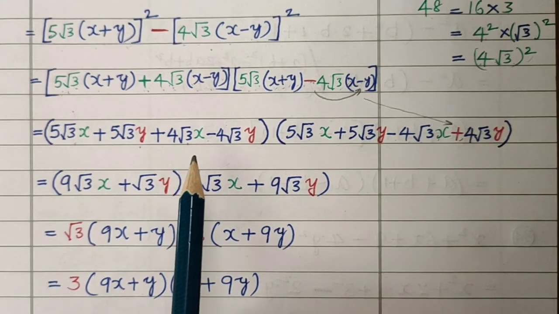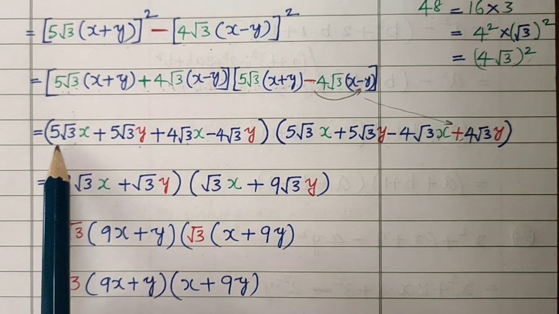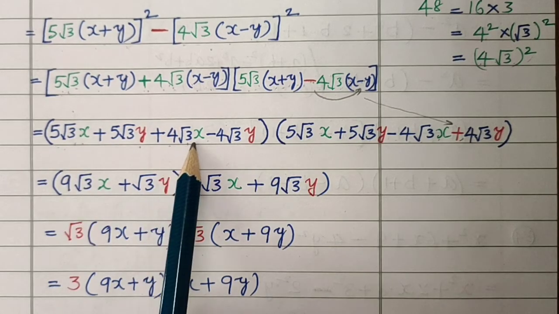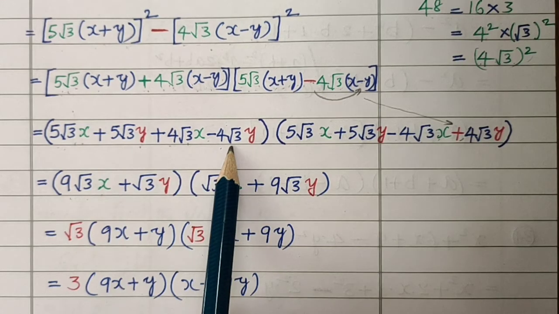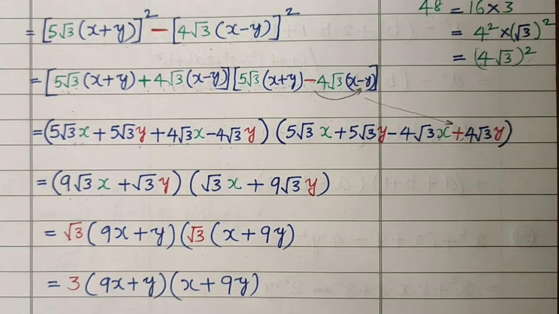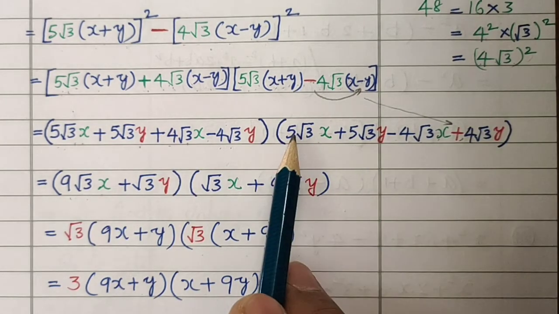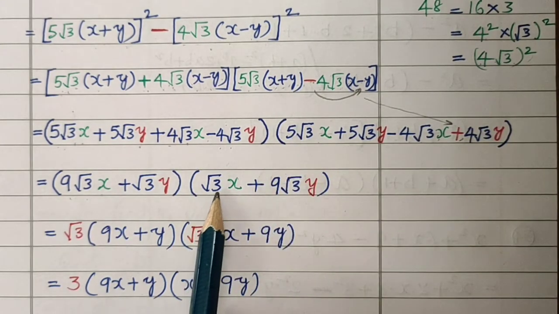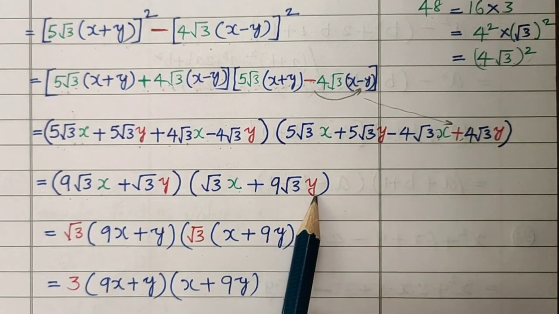Combine all the y, add y and add the x. 5 root 3x plus 4 root 3x, that is 9 root 3x. 5 root 3y minus 4 root 3y, that has become root 3y into 5 root 3x minus 4 root 3x. 5 minus 4 is root 3x plus 5 plus 4 is 9 root 3y.